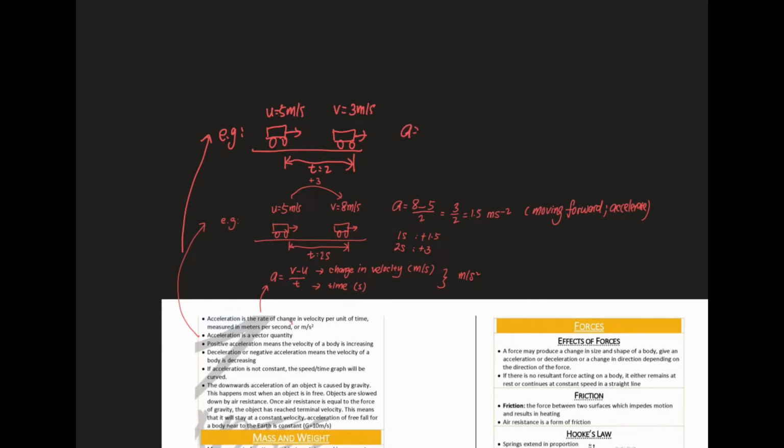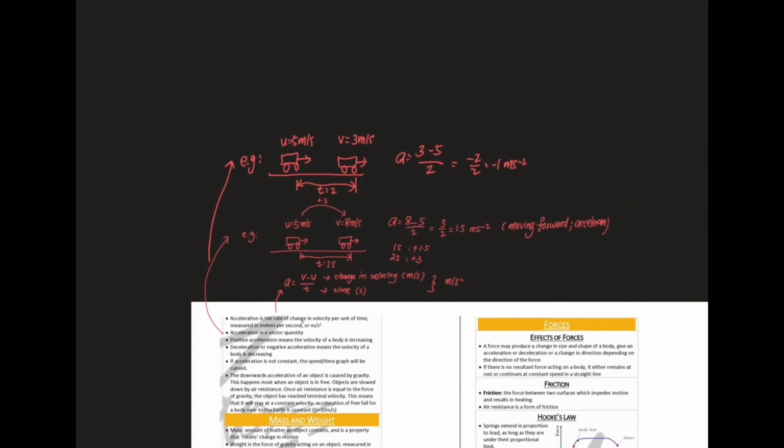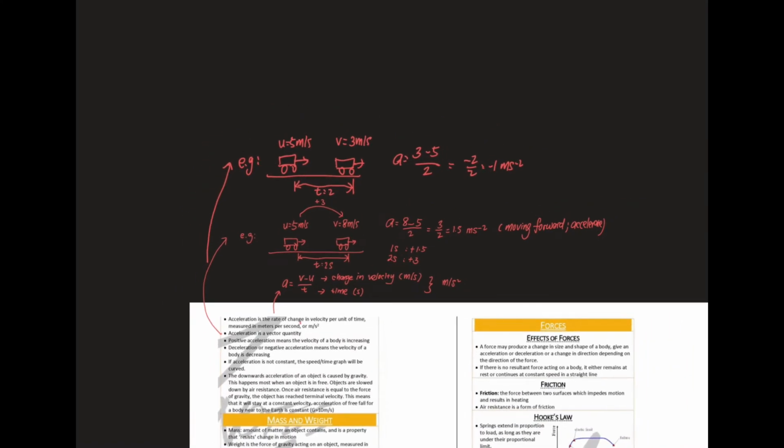V is 3, U is 5, time is 2. So negative 2 over 2 is negative 1. You can see we get a negative value. So you should know that negative means decelerate. But I have to let you know more. It is moving forward and decelerate. Moving forward and decelerate. So you get a negative value.